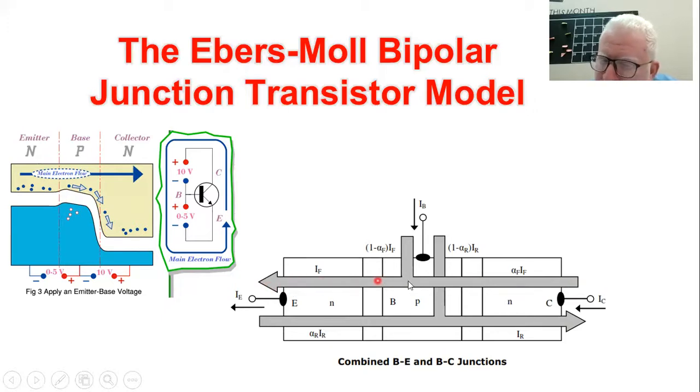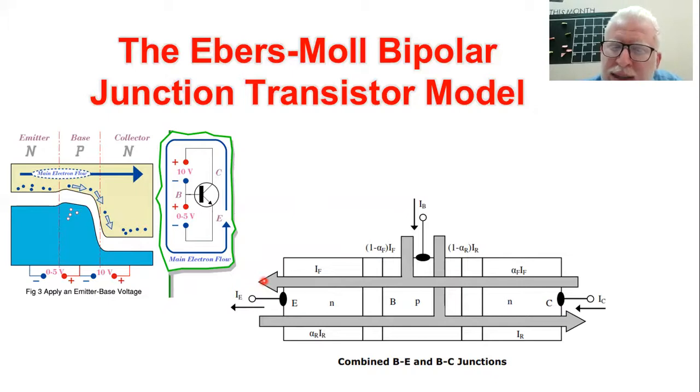So this arrow represents the majority of the electrons passing from the emitter to the collector, creating a current flowing from the collector to the emitter. So this is the first possibility. What about the second possibility?